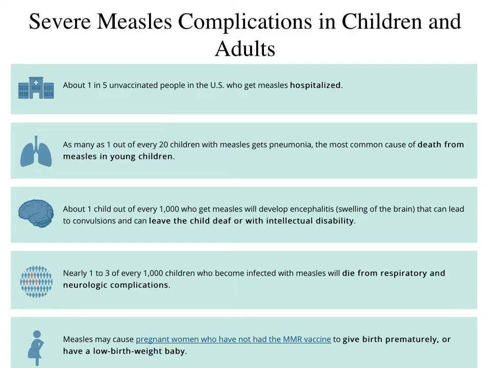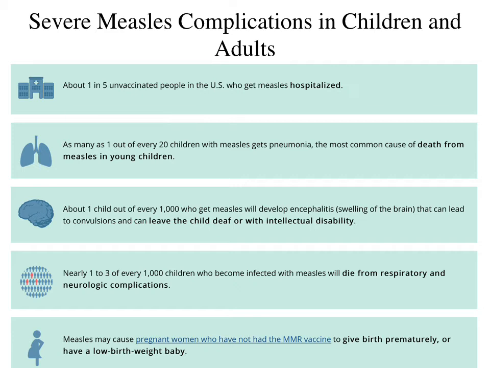About 5% of children with measles get pneumonia, and about 1 child in every 1,000 who gets measles will develop encephalitis. This inflammation of the brain can lead to convulsions and can leave the child deaf or with significant mental deficits. For every 1,000 children who get measles, 1 or 2 will die from it.